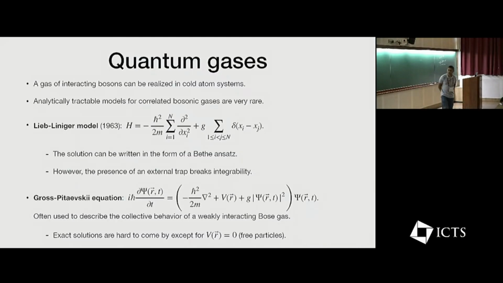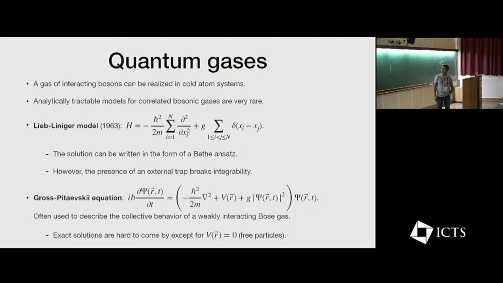Okay, so quantum gases nowadays are, of course, a hot topic because of cold atom experiments. You can realize interacting bosons in cold atom systems. However, analytically tractable models of correlated Bose gases are very rare. These are the two notable systems. One is the Lieb-Liniger model, and the other is the Gross-Pitaevskii equation, which describes a weakly correlated Bose gas.